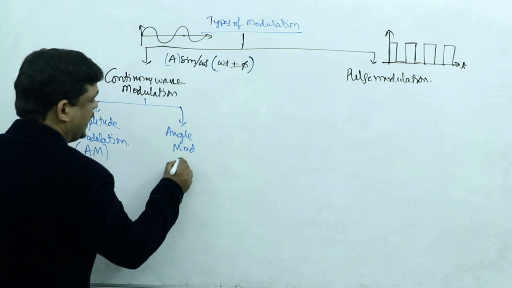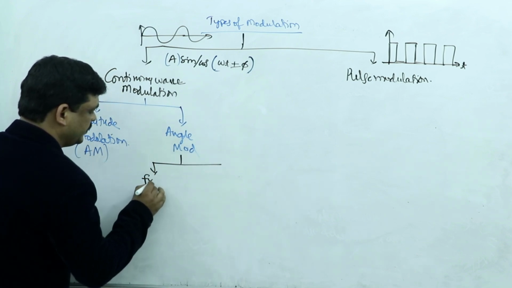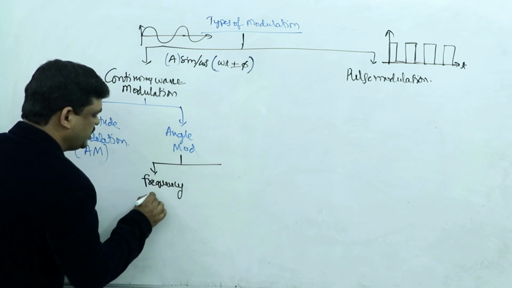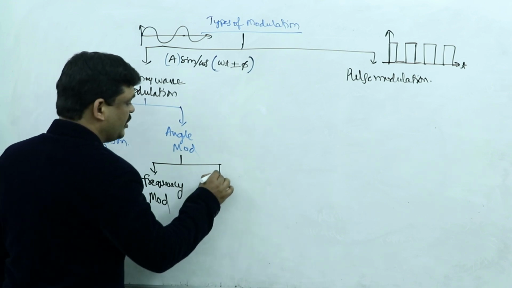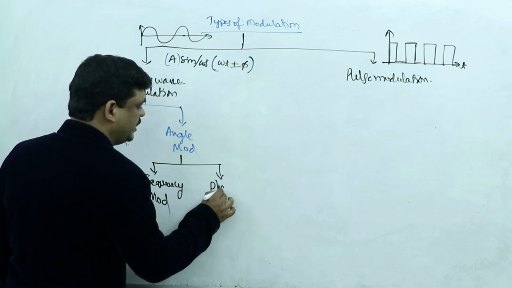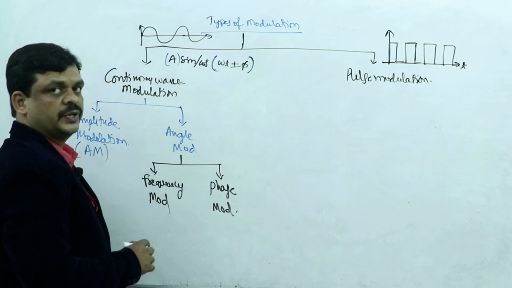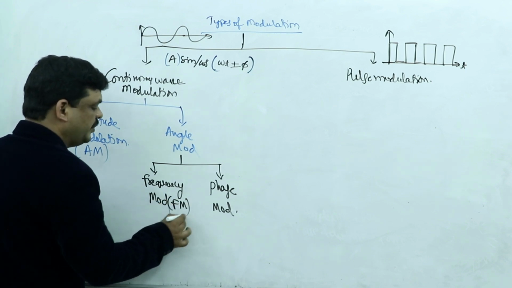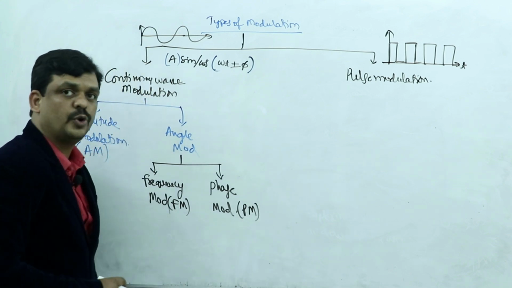Within this angle again two parameters are there. One is frequency. If the frequency of the carrier signal changes, then the modulation process is called frequency modulation. If the phase of the carrier signal changes, then the modulation process is called phase modulation. So it is classified into two types, FM, frequency modulation, and PM, phase modulation.